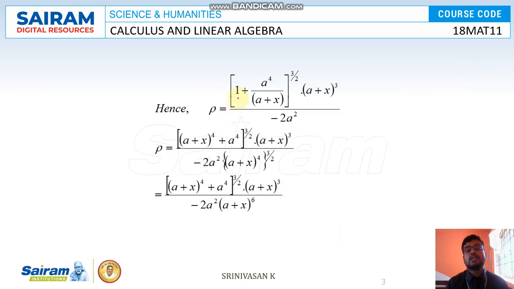That is rho equal to (1 plus y1 square) power 3 by 2 divided by y2. Now rho equal to (1 plus a power 4 divided by (a plus x) power 4) power 3 by 2 into (a plus x) power 3 divided by minus 2a square.